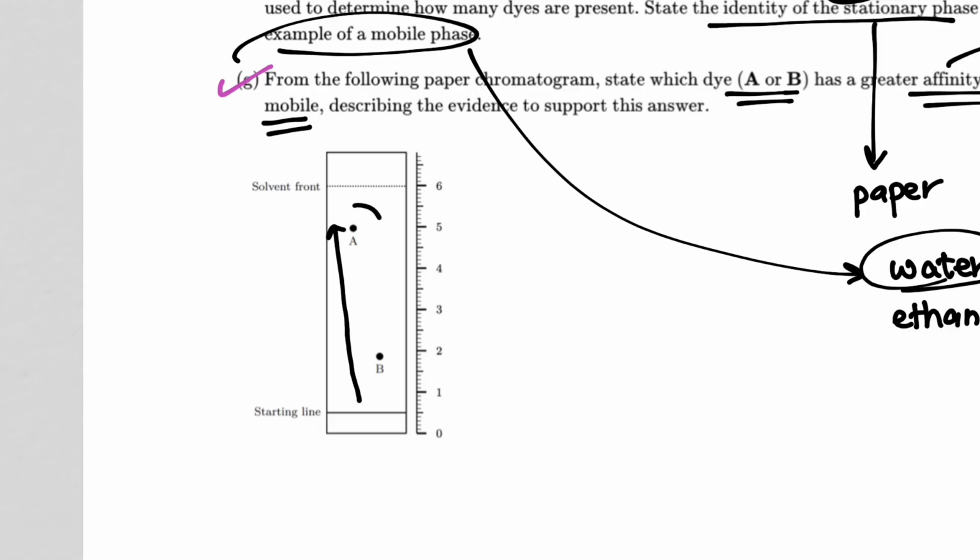So it's A that has greater interactions, greater affinity. Why? Because it has moved further away. Or you could also say that it has a larger RF value. You do not need to calculate the RF value. If you look at this ratio compared to this ratio, you can easily see that A has a greater RF value. It has moved further up the paper.